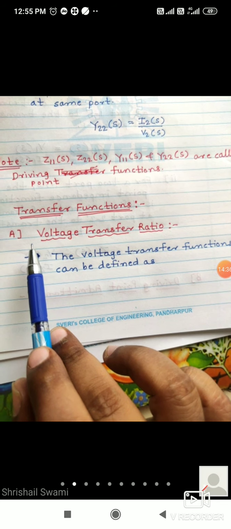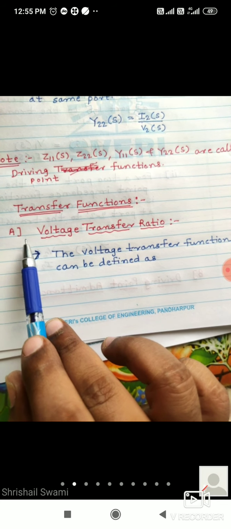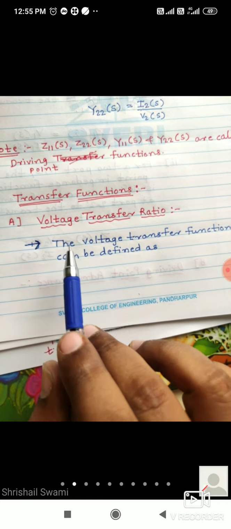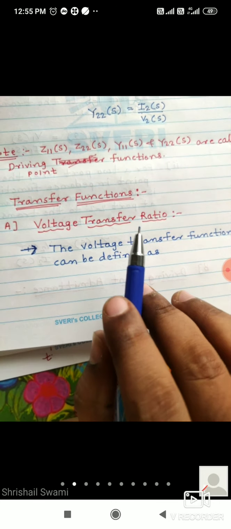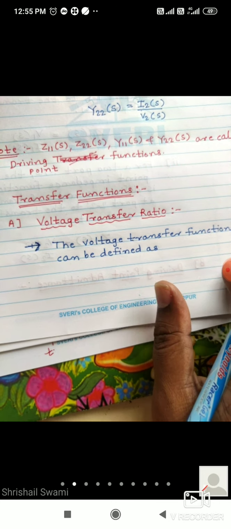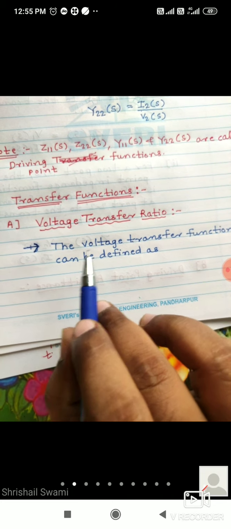In that there are the 4 types. So first we will start with A point, that is voltage transfer ratio. That is nothing but voltage gain, either V1 upon V2 or V2 upon V1. So we will write the combined definition.